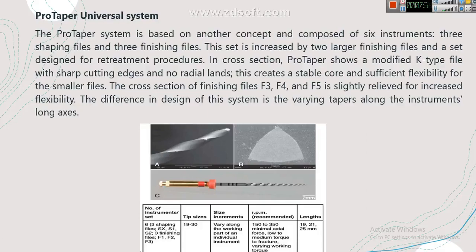This creates a stable core and sufficient flexibility for the smaller files. The cross section of finishing files F3, F4 and F5 is slightly relieved for increased flexibility. The difference in design of this system is varying tapers along the instrument's long axis.